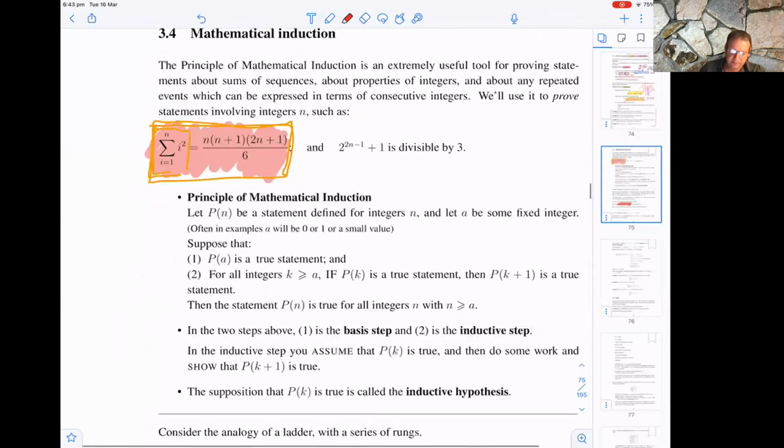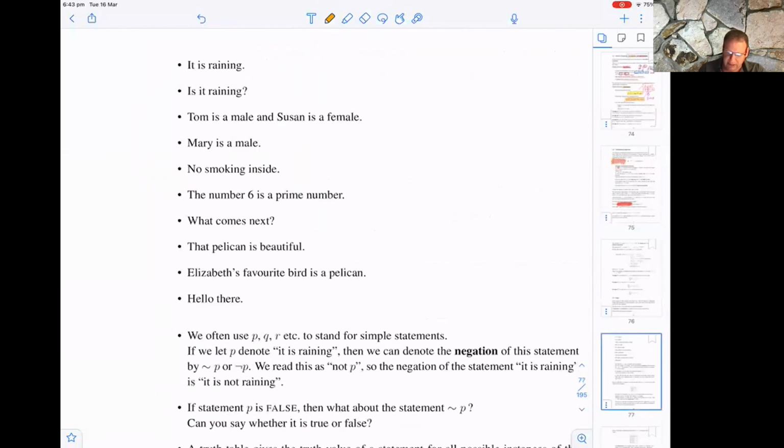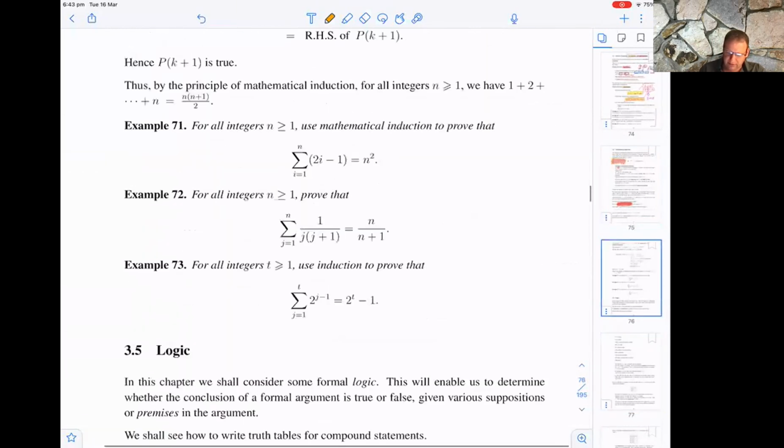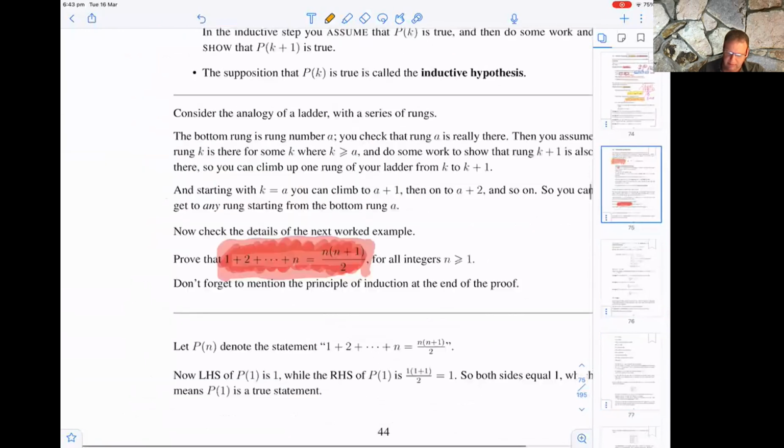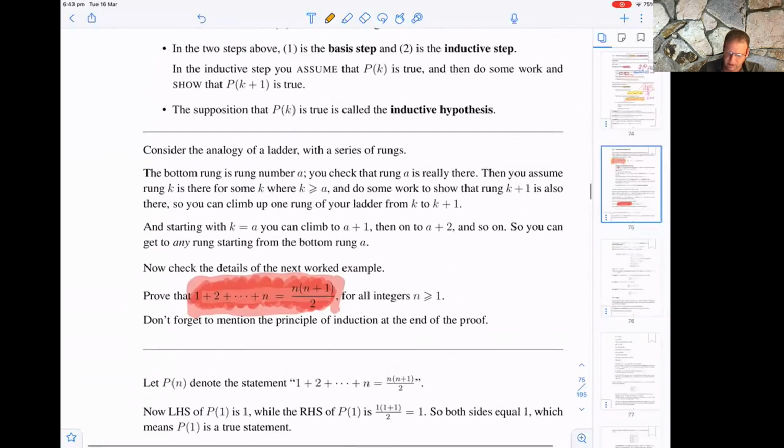Mathematical induction is a statement about the integers, typically the positive integers, though it can be integers from some point onwards. So let P(n) be a statement for the integers n, and let A be some fixed initial value.